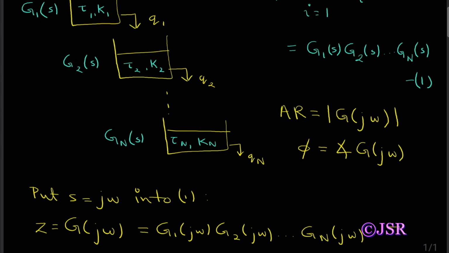So the overall expression for capital G of j omega will be the product of the individual transfer functions, obtained by substituting s with j omega.